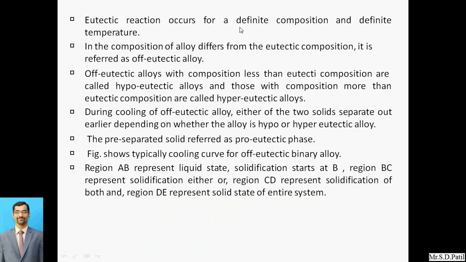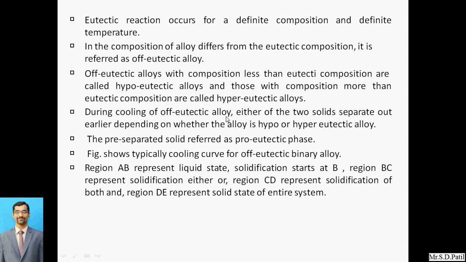Now eutectic reaction occurs for a definite composition and definite temperature, okay, but if the composition of the alloy differs from the eutectic composition, it is referred to as an off-eutectic alloy. Now off-eutectic alloys with a composition less than the eutectic composition are called hypoeutectic alloys, and those with a composition more than the eutectic composition are called hypereutectic alloys.